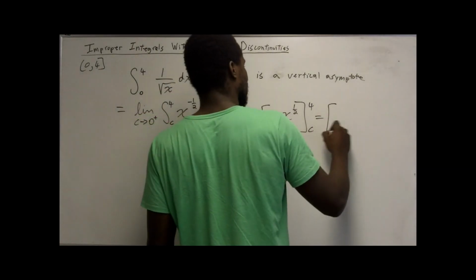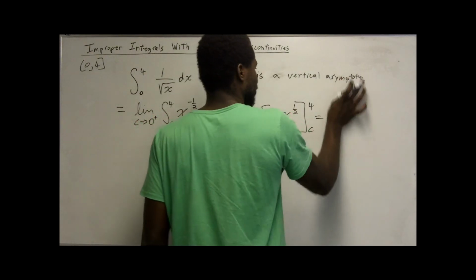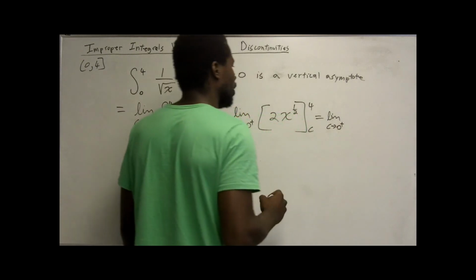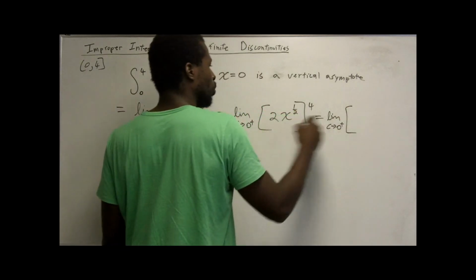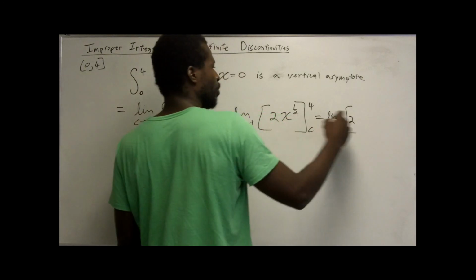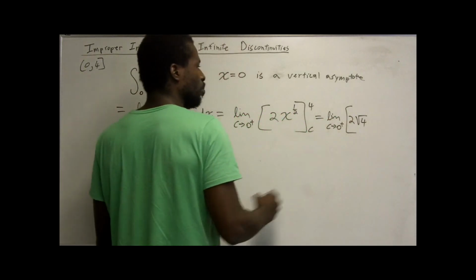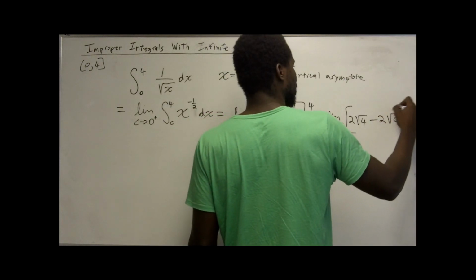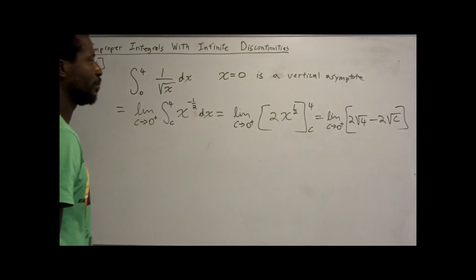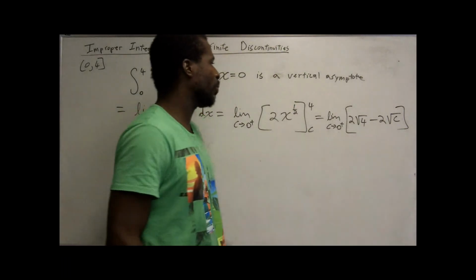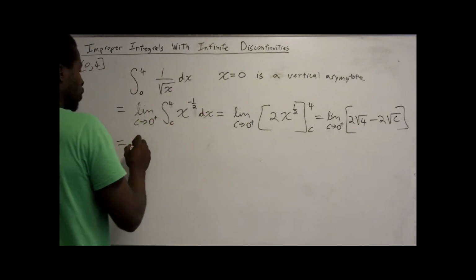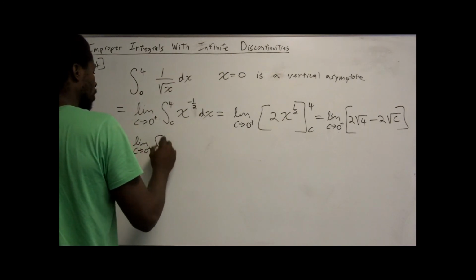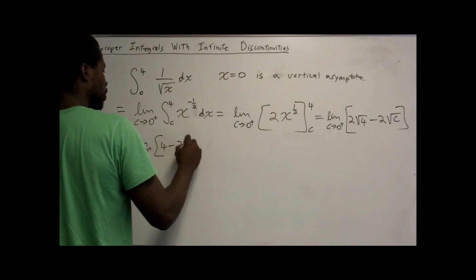That gives us the limit as c approaches 0 from the right of 2 times the square root of 4, minus 2 times the square root of c. Well, 2 times the square root of 4 is 2 times 2, which is 4. So this is the limit as c approaches 0 from the right of 4 minus 2 square roots of c.